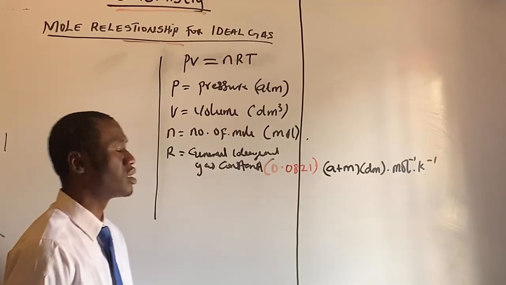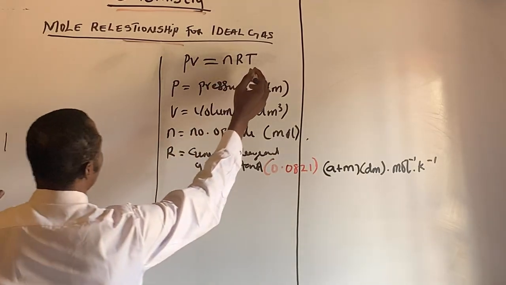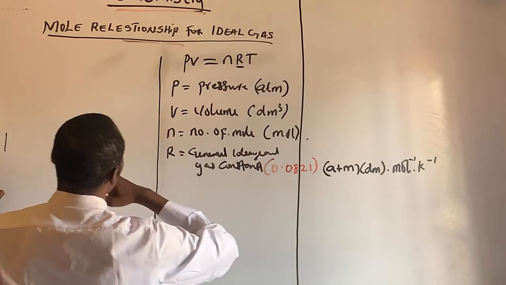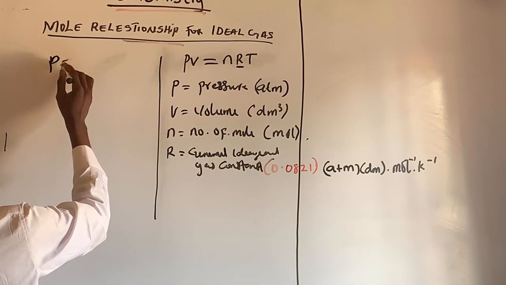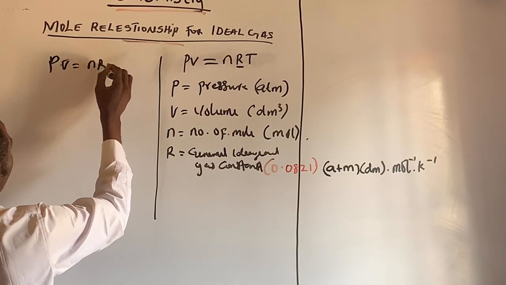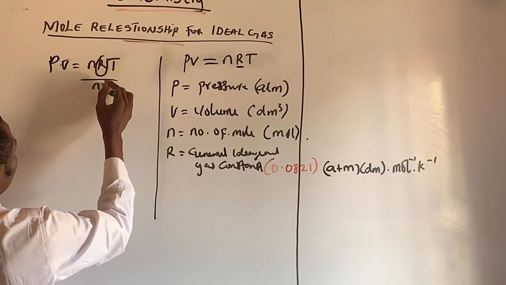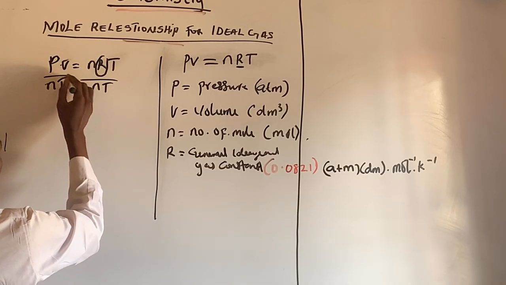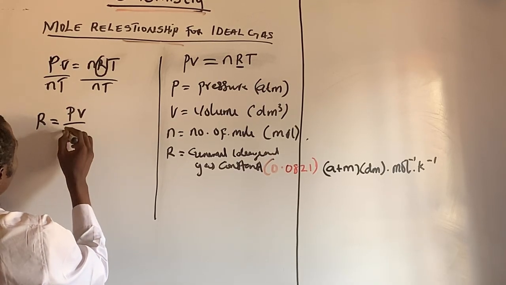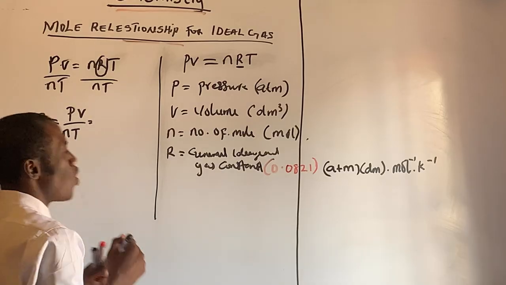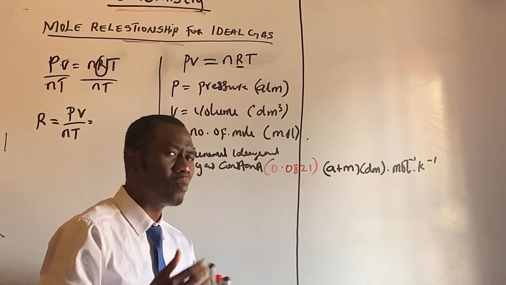In case you don't know how we got the unit, let's do it for you on the board here. Now we know that the general ideal gas constant is R. So we have that PV equals nRT. So we're making R the subject of the formula. We're dividing by nT, so that R equals PV/nT. Please, what's the unit for the P? That's the pressure. I told you it should be measured in ATM, not millimeter mercury.